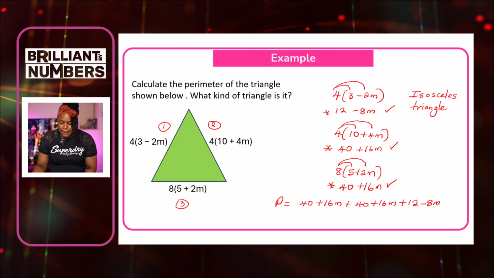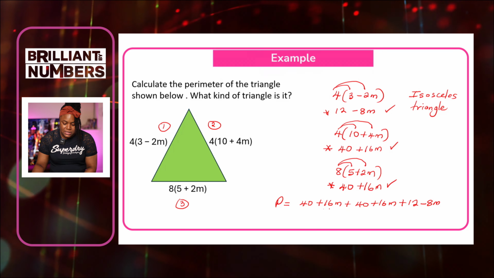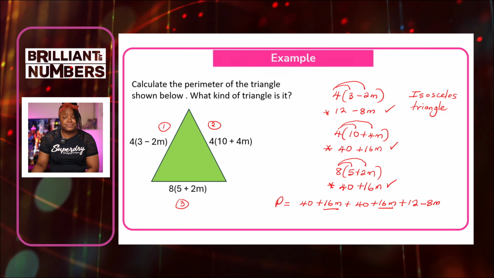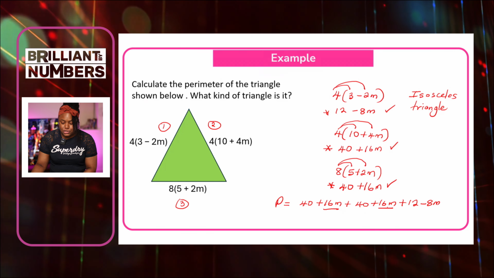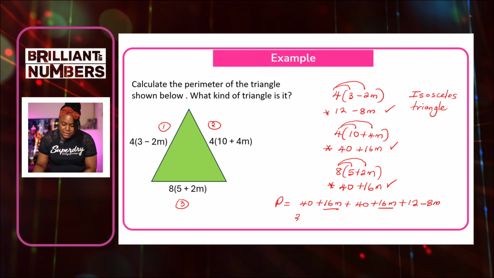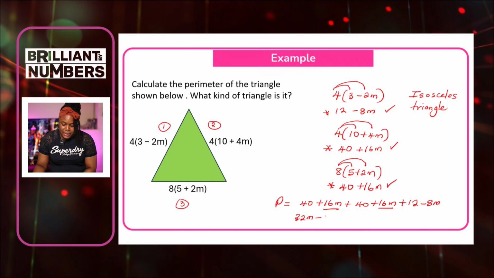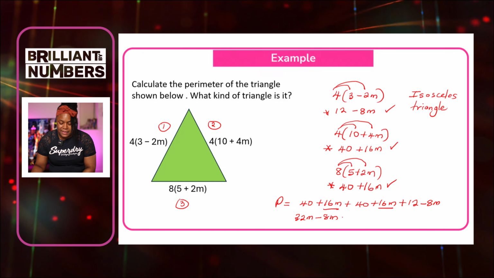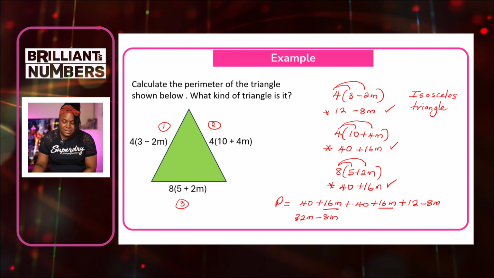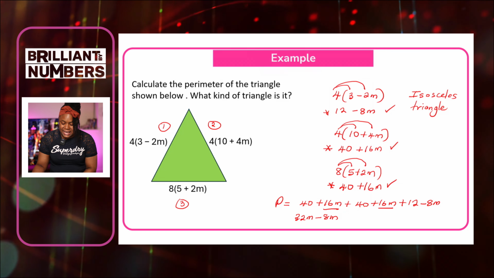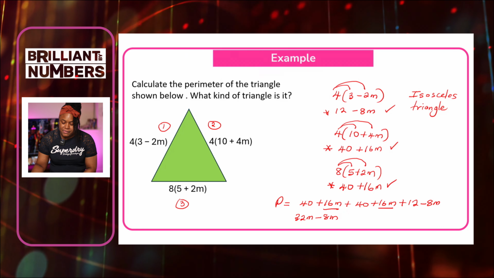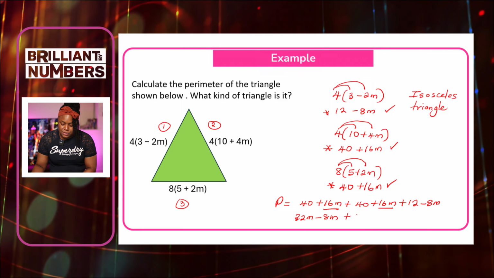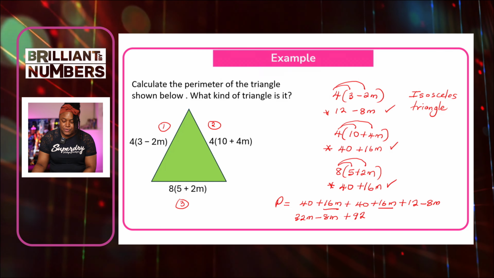Let's add all the m's together first. So I've got 16 add 16, which is 32. So I've got 32m take away 8m. I'll simplify that after. Then I've got 40 plus 40, which is 80. 80 plus 12, that's 92. So for the constant, I've got 92.